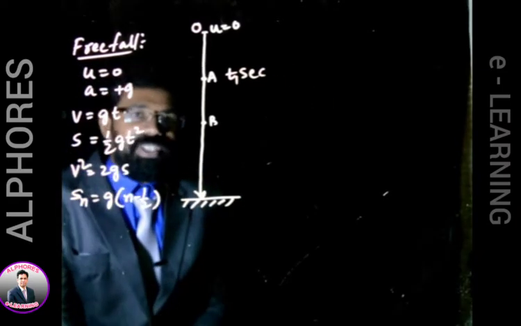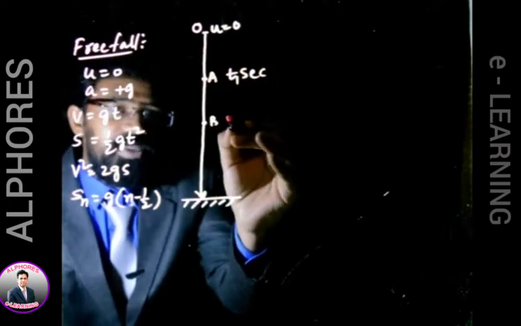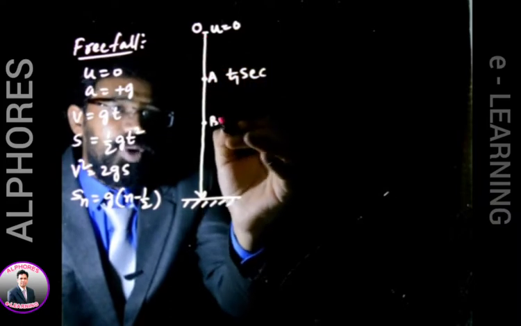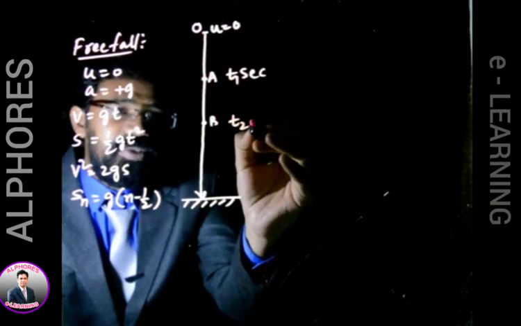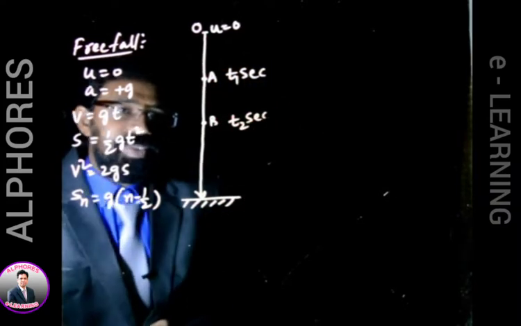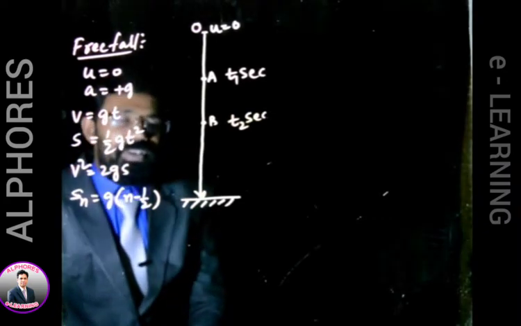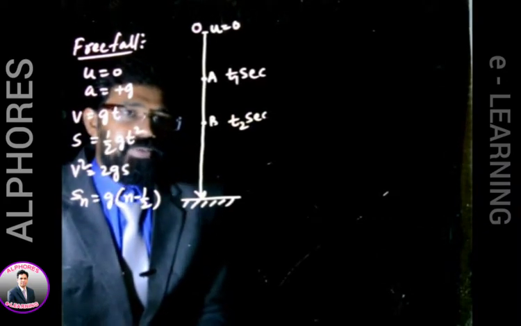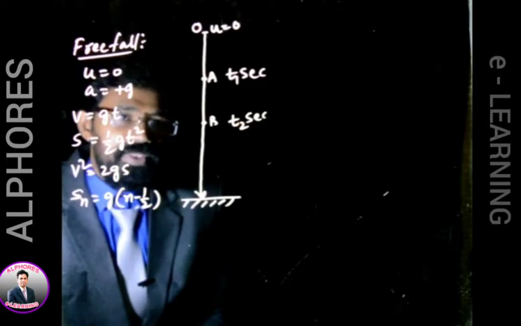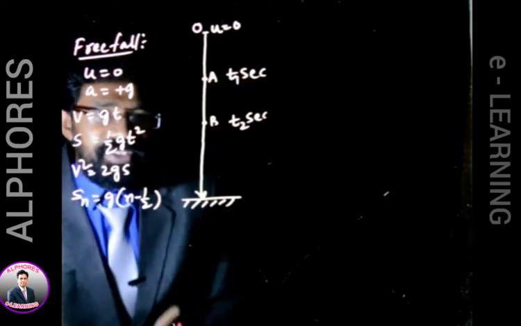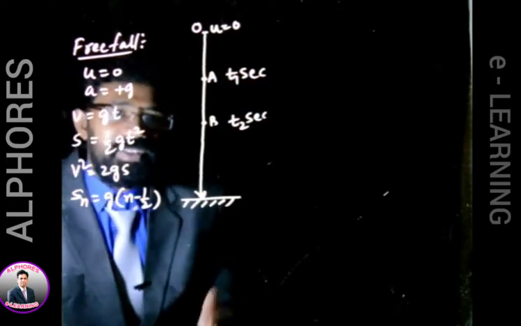From point O to point B, let us say it has taken a time equal to t2 seconds. If we want to find the distance of separation between these 2 points A and B, we can find it out.